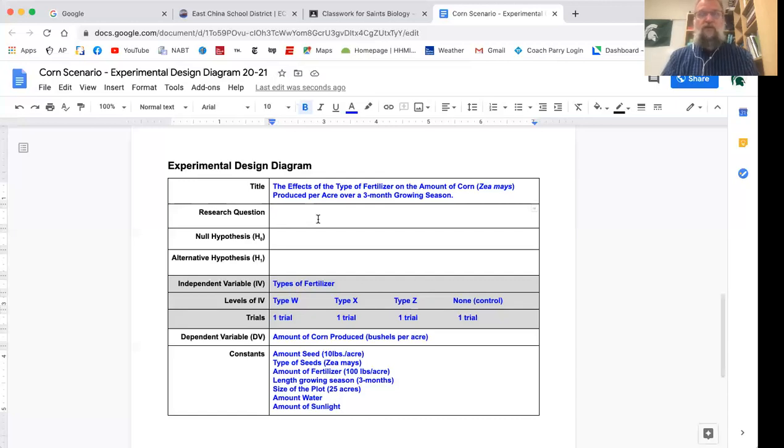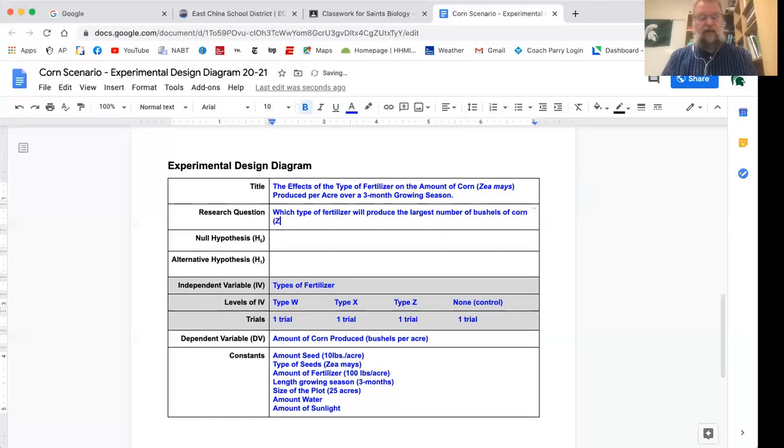So the research question might be, which type of fertilizer will produce the largest number of bushels of corn. Again, I'm going to define ZMAs.